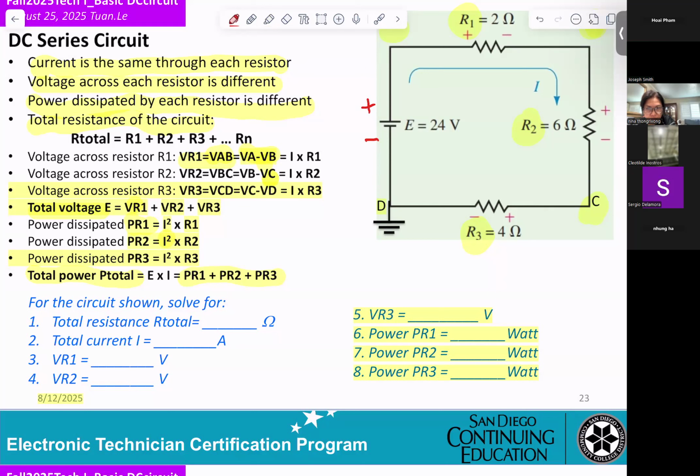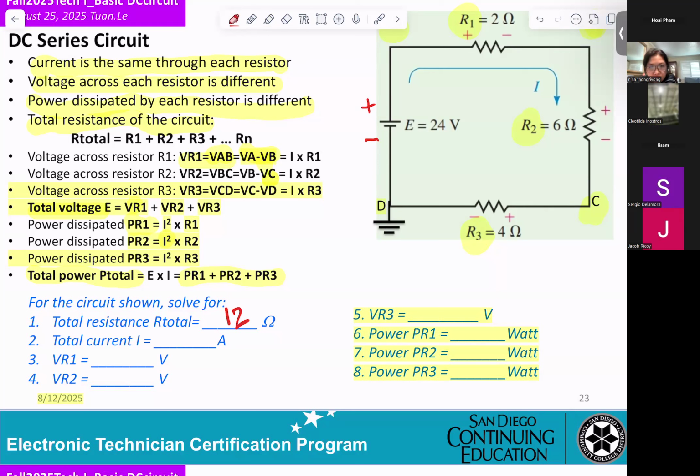What total resistance? That'll be 12 ohms. 12 ohms, right? Correct. Yes, 12 ohms. Yeah. Total current.